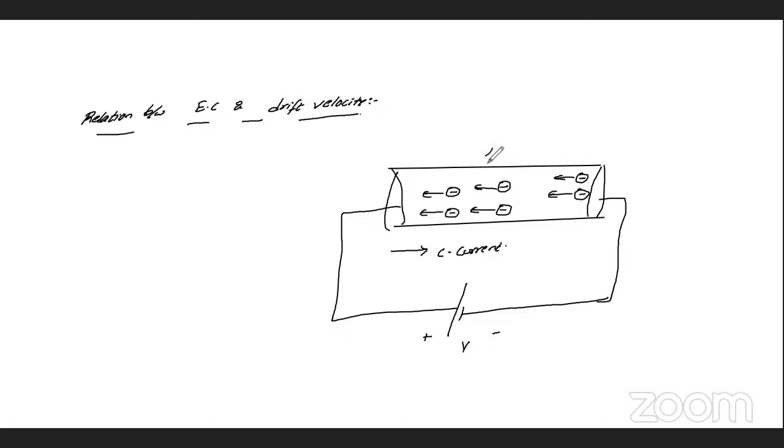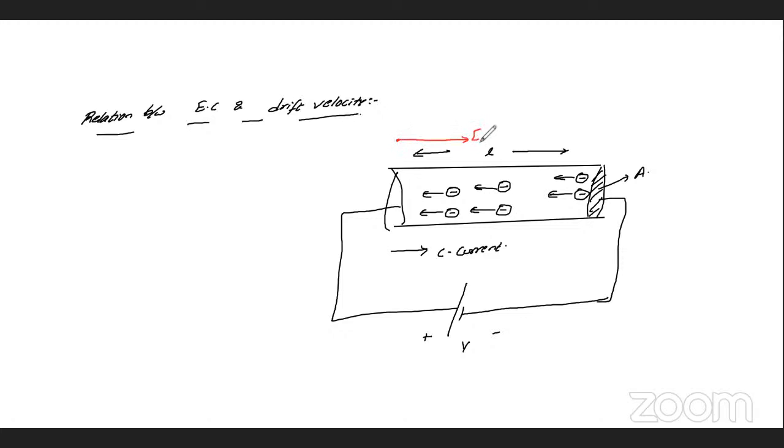Let's see the length of the conductor. Take the length of the conductor as L and the area of the conductor as A. The electric field travels from positive towards negative.